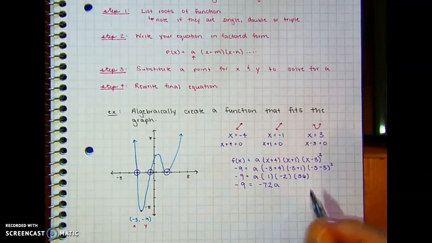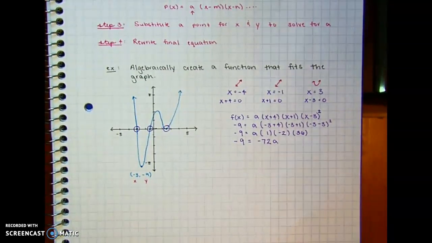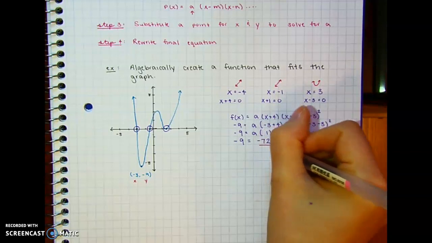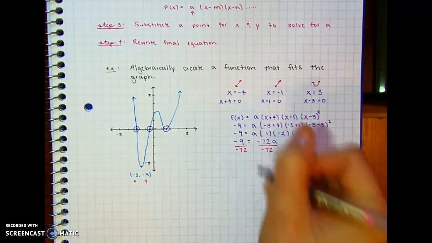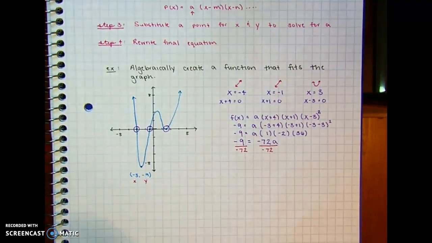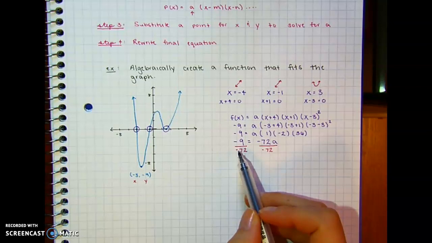And when I divide, right, I want to get a by itself. So I'm going to divide both sides by negative 72. And I think some of you should start showing this step because a lot of students have been messing this up. The numerator is smaller, so this is going to be a fraction. It's negative divided by a negative, so it's positive.